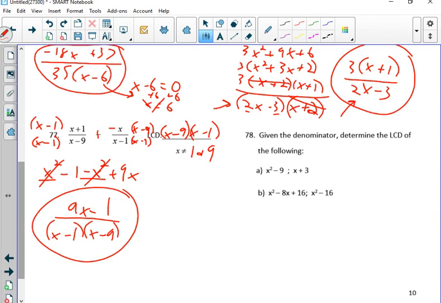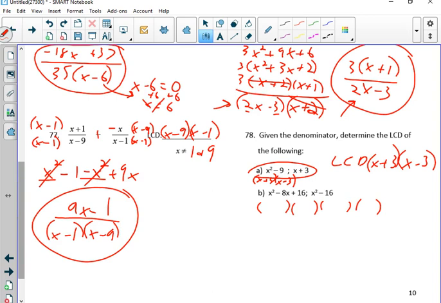Okay, if these were your denominators, your LCD, remember this factors to x plus 3, x minus 3, so your LCD would be x plus 3, x minus 3. Here we need to factor these two and those two into 2. So this is x minus 4, x minus 4, they're both negative. And here we have x plus 4, x minus 4.